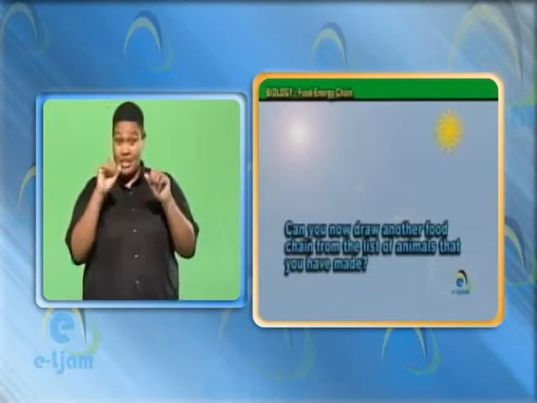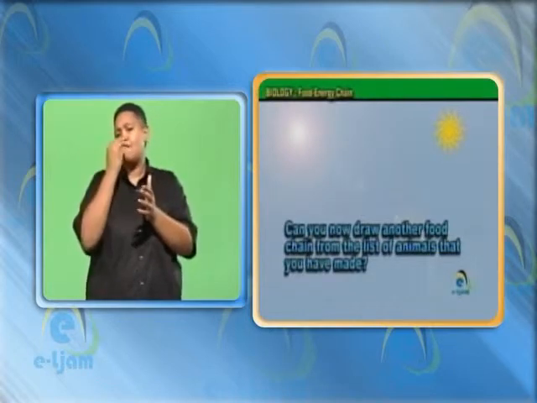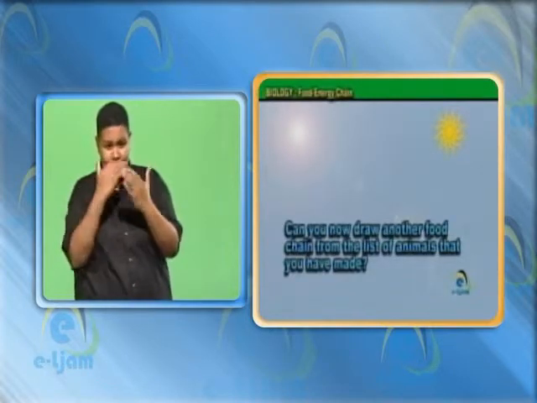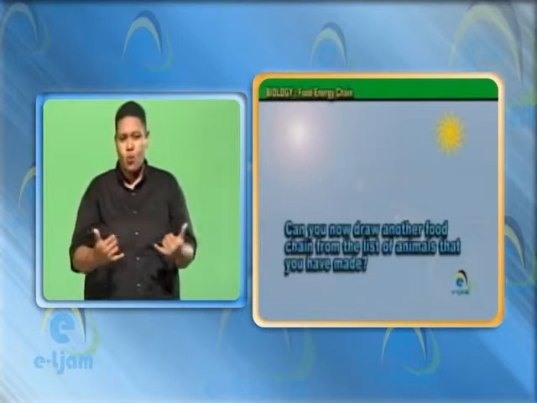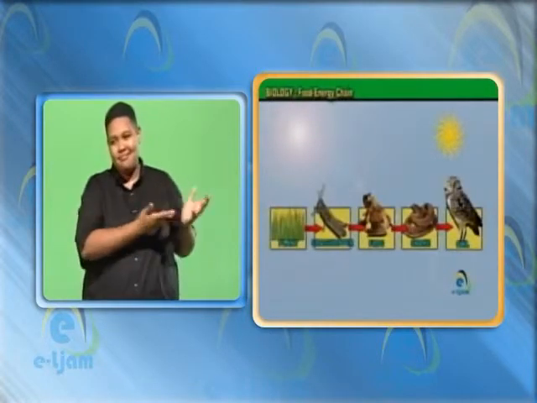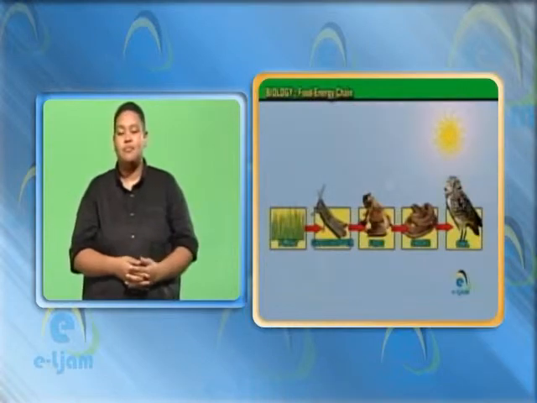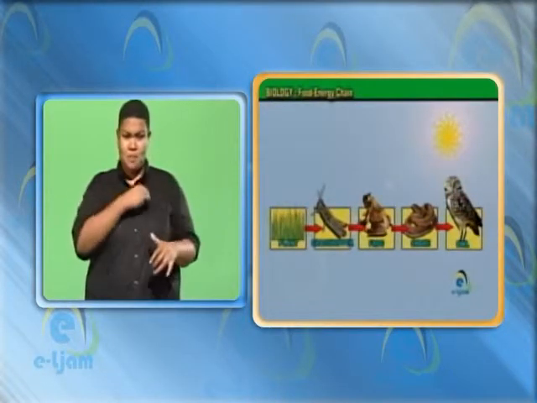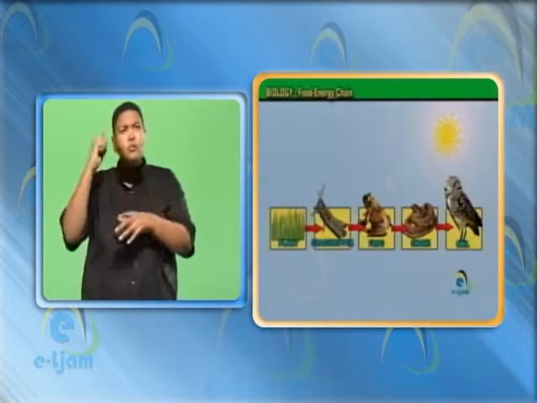Can you now draw another food chain from the list of animals that you have made? Here is one. Which member of this food chain would you consider to be the top predator?